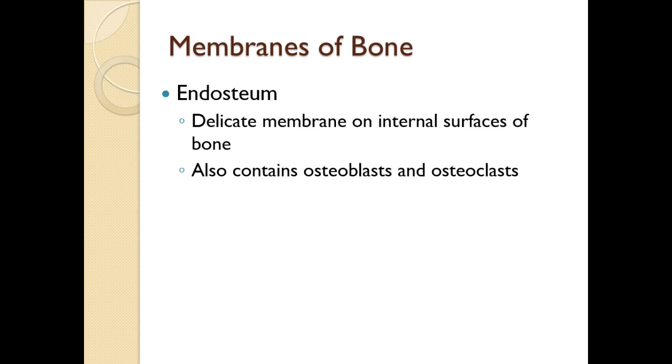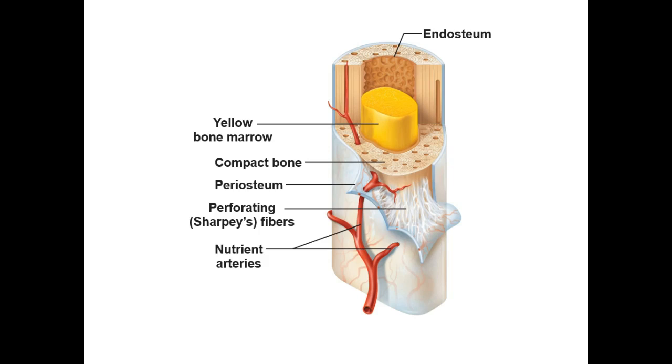Okay, and then the endosteum, again, that's the membrane that lines the inside of the medullary cavity. And it's also going to contain osteoblasts and osteoclasts. So again, what is it that osteoblasts do? Form bone, and osteoclasts break down bone. Good. All right.